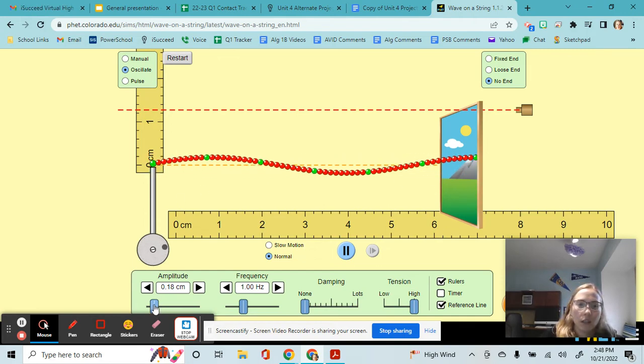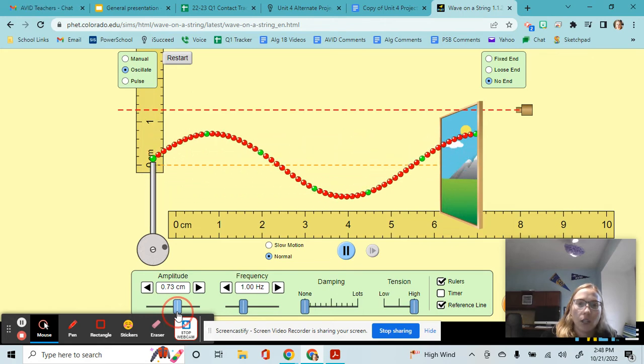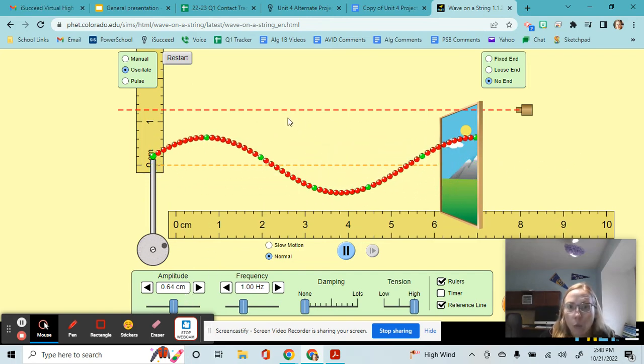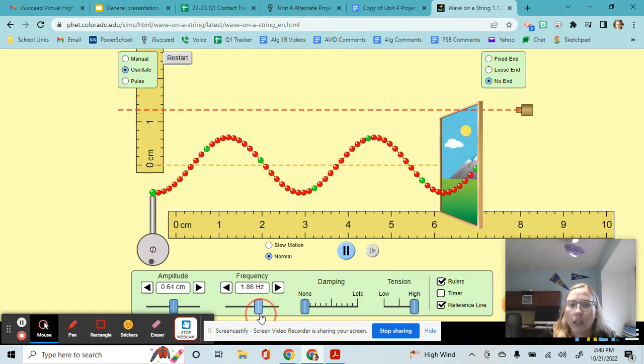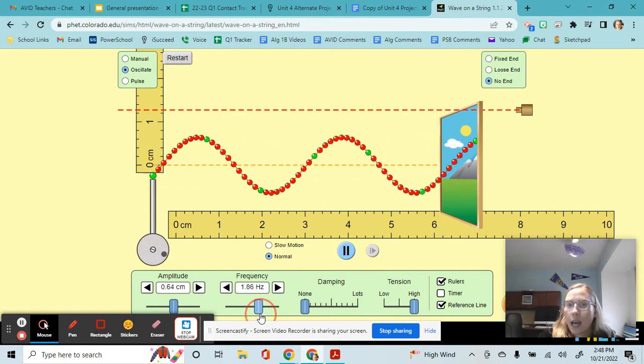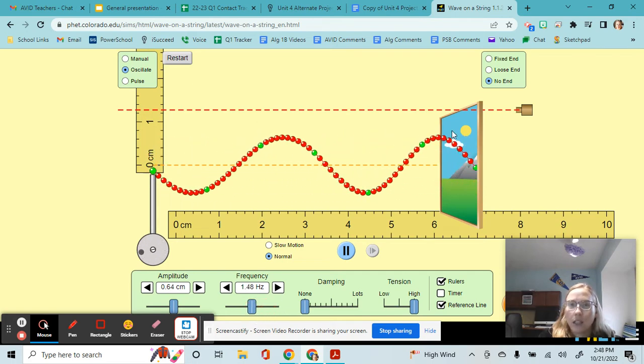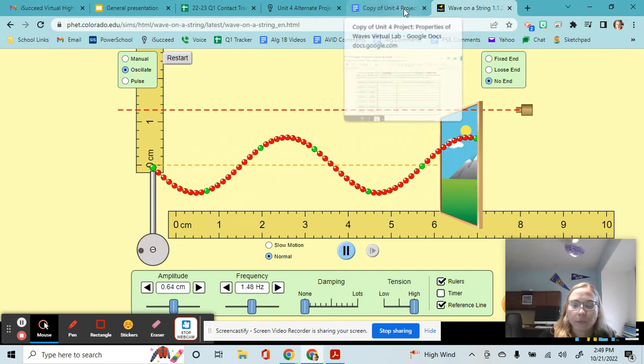Notice your difference in amplitude, and you'll be measuring the wavelengths and see what changes. Is it the amplitude that affects the wavelength? Is it the frequency that affects the wavelength? And so those are questions that you'll be answering in this lab.